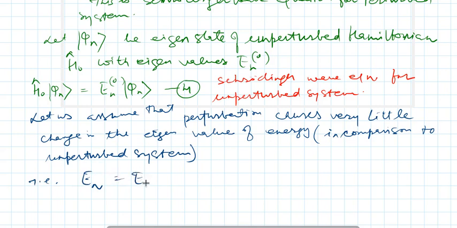Mathematically, the total energy eigenvalue is En equal to En naught plus lambda En1 plus lambda square En2 and so on.